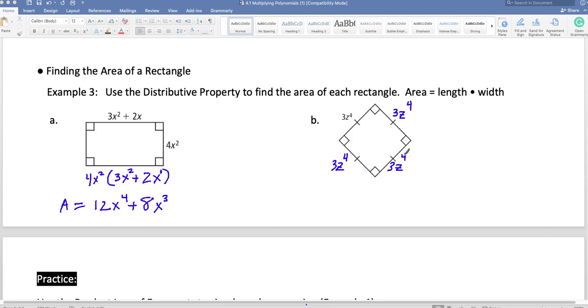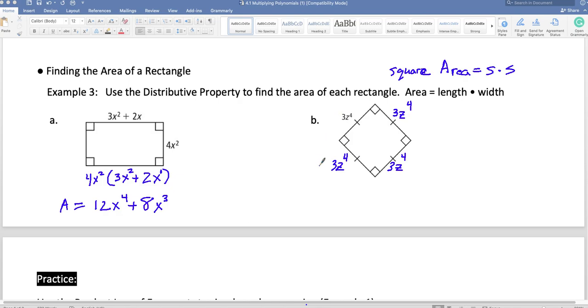All right, now, I can use length times width, but there's also a formula for the area of a square. So if I look at just the square, wow, that looks great. There we go. The area is equal to side times a side.